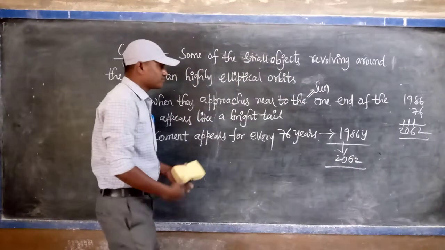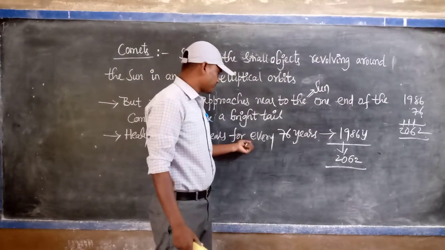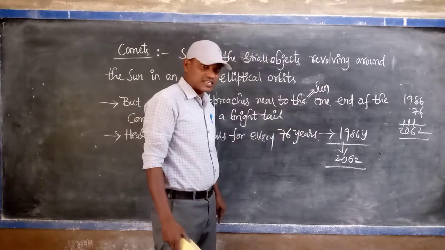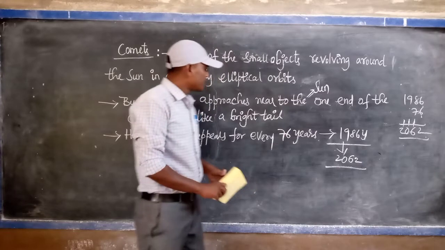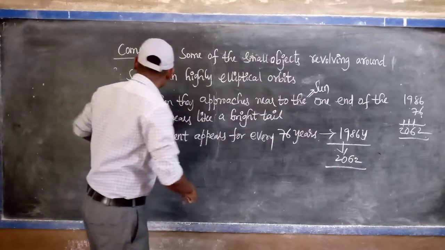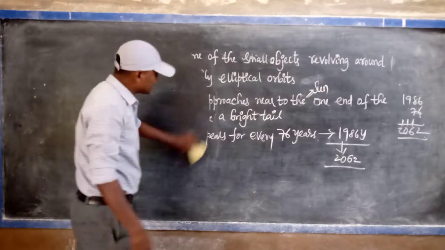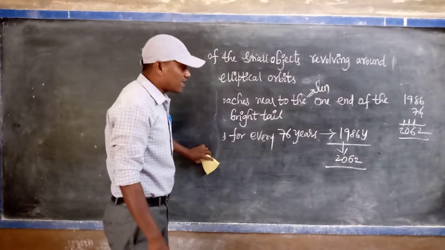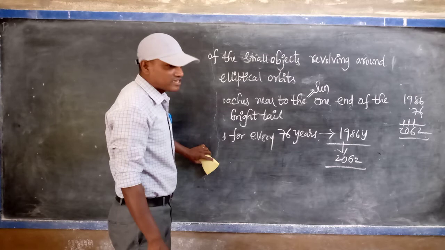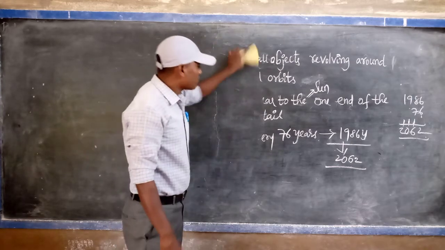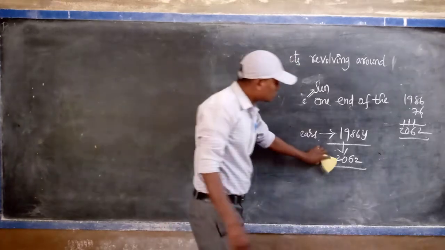Listen very carefully. Halley's comet's time period of revolution is 76 years, which means every 76 years Halley's comet will appear to us. Previously it appeared in 1986, but again it will appear in 2062.